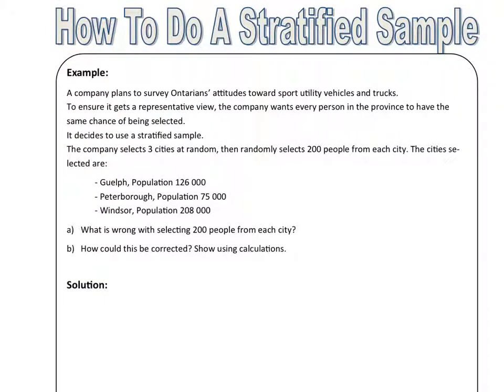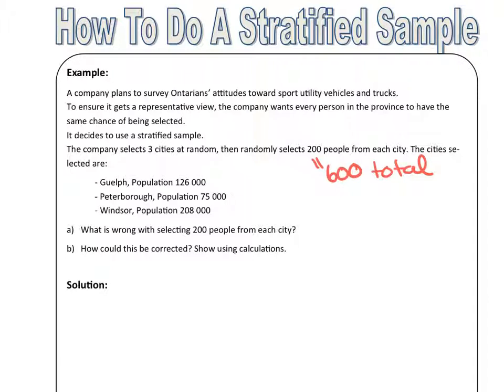So now I'll quickly show you how to do a stratified sample. If we look at our example, they want to survey Ontarians' attitudes towards sport utility vehicles and trucks, and they go to 3 different cities and randomly select 200 people from each city. Notice that that equals 600 people total.